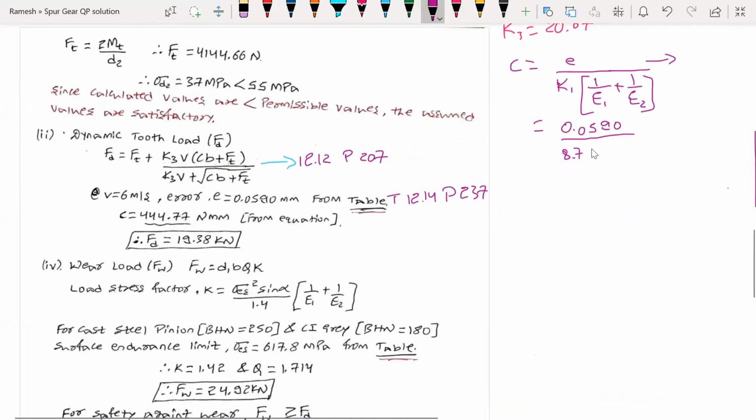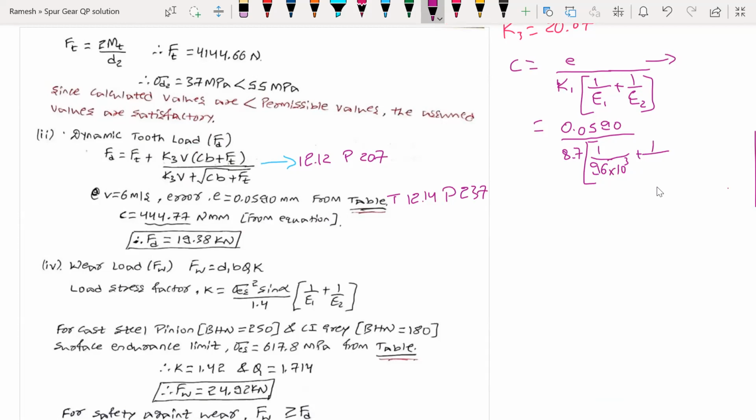E1 value is 96 gigapascal, which has to be converted into megapascal, so 96 into 10 raised to 3, plus 1 divided by E2.